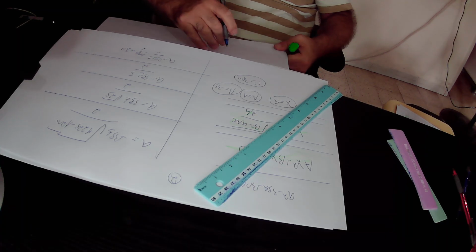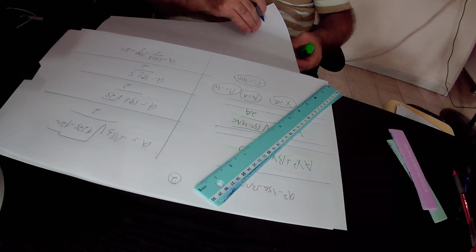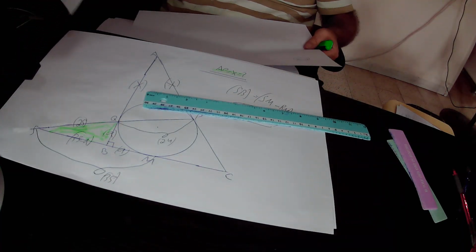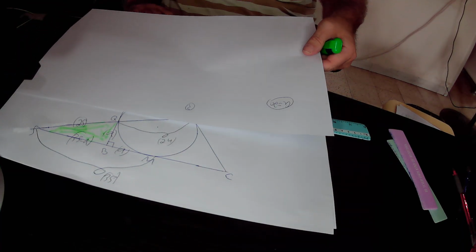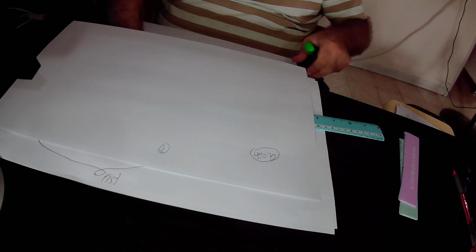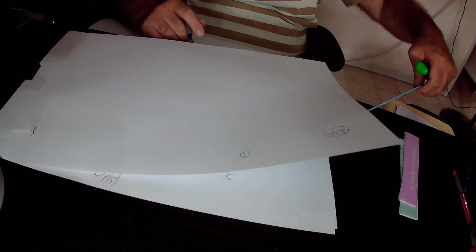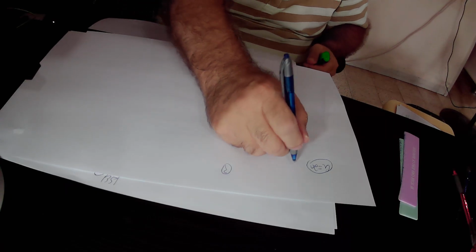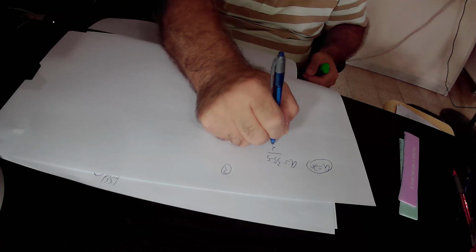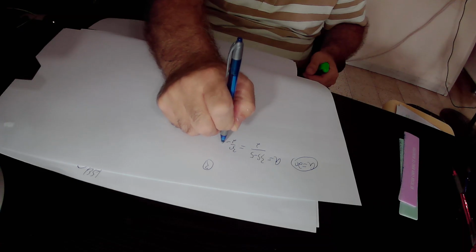The second solution for a is that a equals 35 minus 5 over 2. 35 minus 5 is 30, and 30 over 2 is 15.